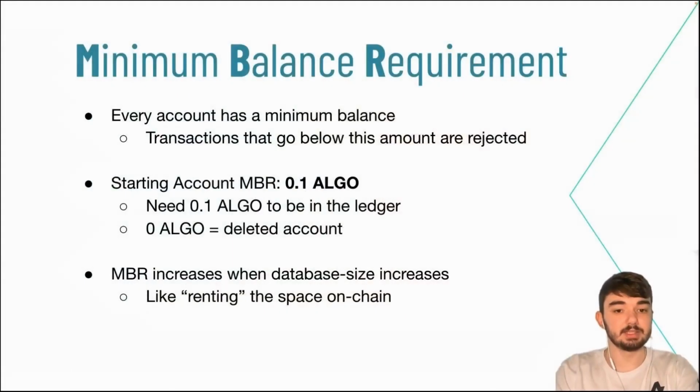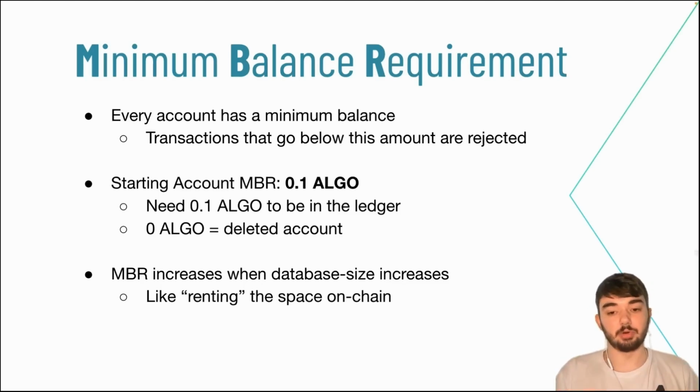And so what this means is that an account is only in the ledger if it has 0.1 Algo, and it can't go below 0.1 Algo unless we bring it to 0 Algo, in which case we're deleting that account from the ledger. Anything associated with that account is going to be deleted from the ledger, and we are not going to have a minimum balance requirement, and we're not going to have a balance.